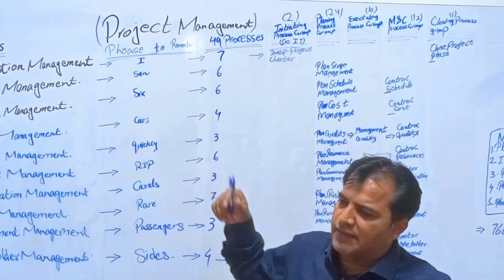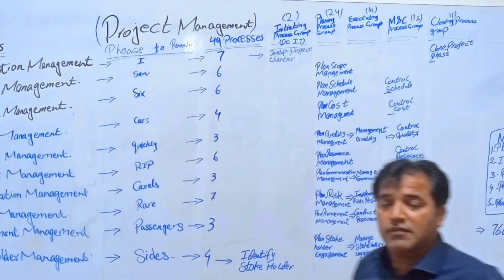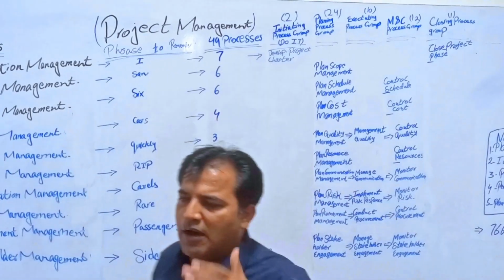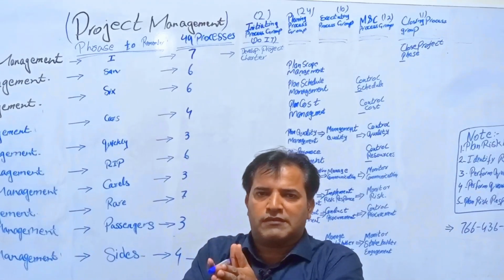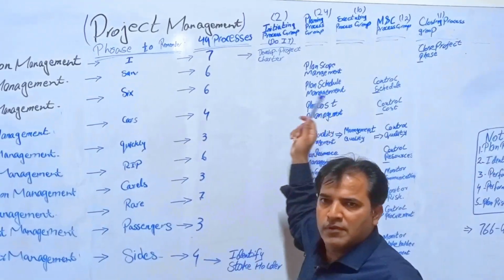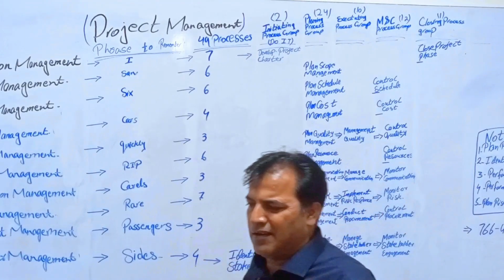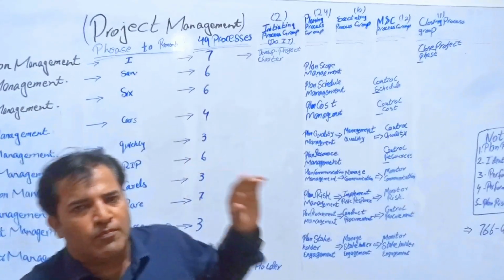And in the last, as I told, the closing process group has only one process, that is close project or phase. So we adjusted two processes in two process groups: one in the initiating process group and the other in the closing process group.